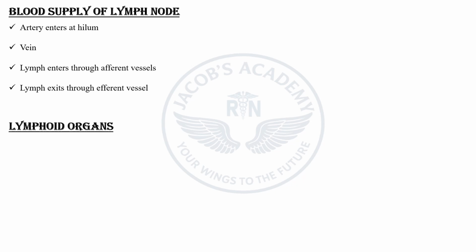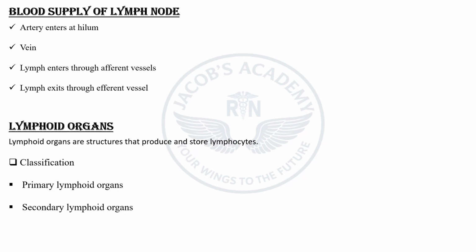Now we can see lymphoid organs. Lymphoid organs are structures that produce and store lymphocytes, which are essential for immunity. The classifications of lymphoid organs are two.